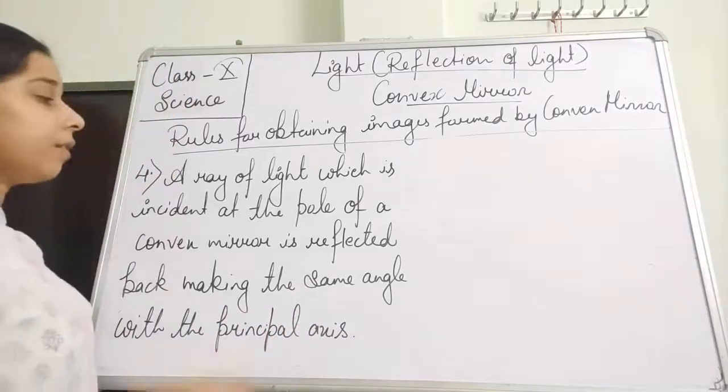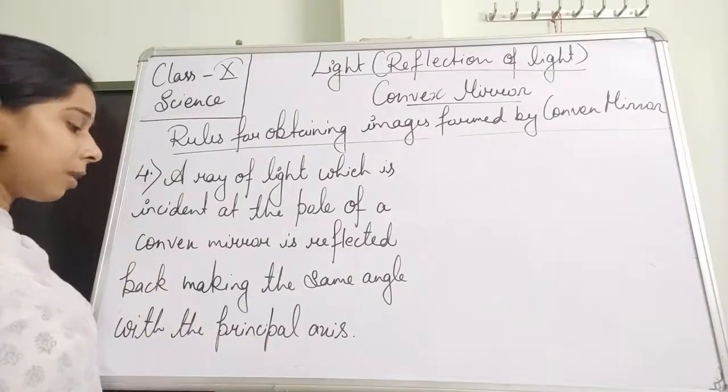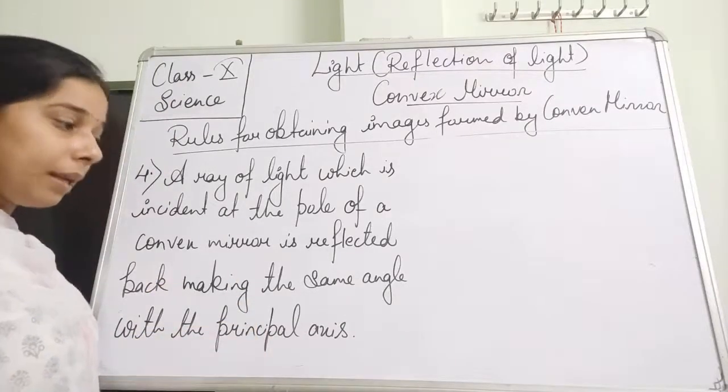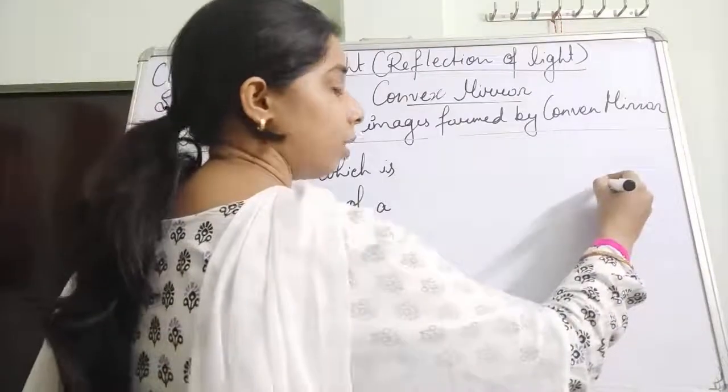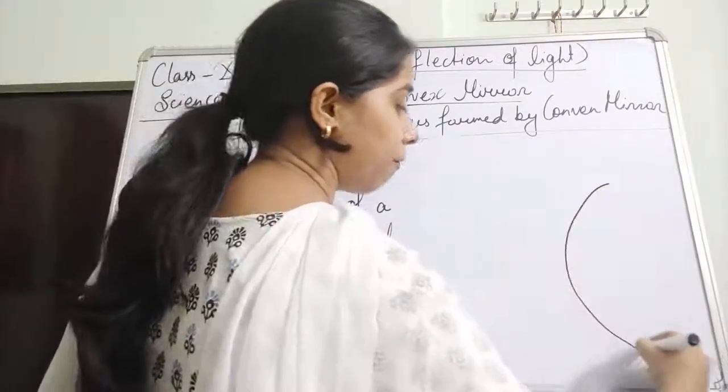A ray of light which is incident at the pole of the convex mirror gets reflected back, making an angle which is equal to that with the principal axis.